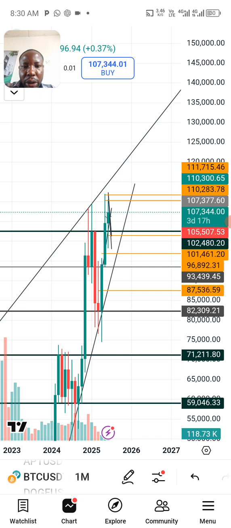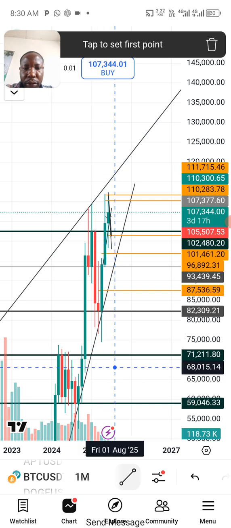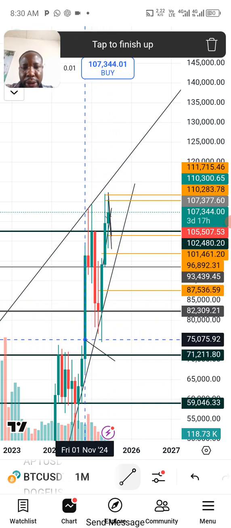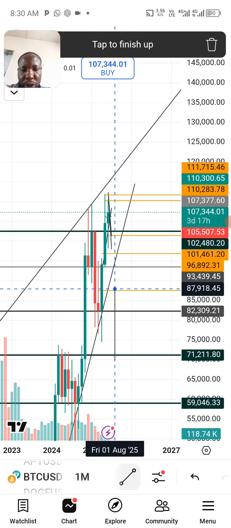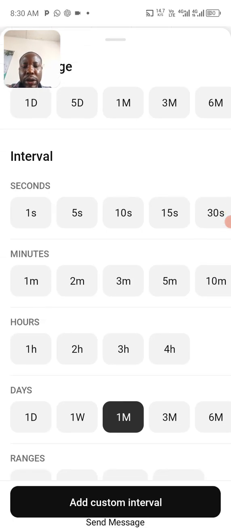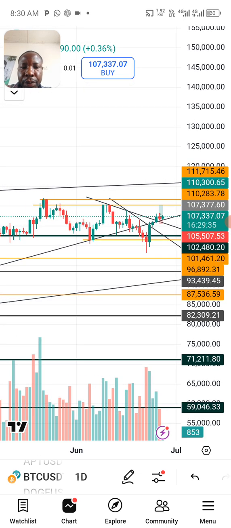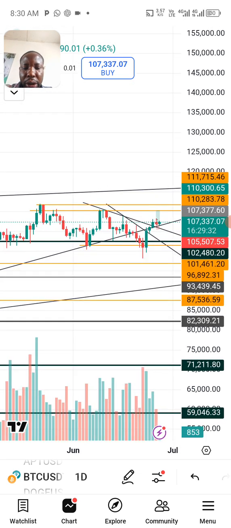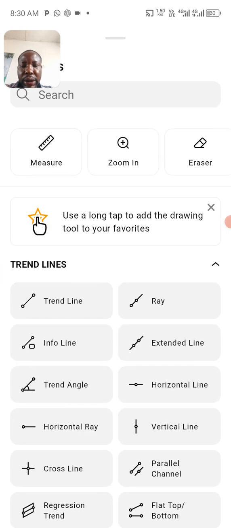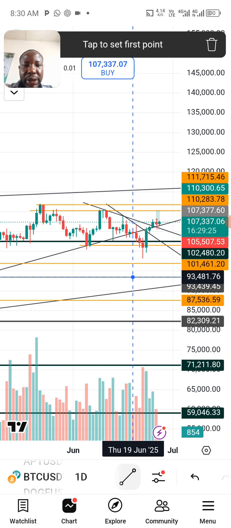From the monthly, we can see that BTC is heading to the roof, right? Now let's switch to the daily to see, is he heading to the roof, or is there any other thing we need to know? When we come to the daily, we can now see that BTC is not actually heading to the roof, but he is resting. He's on a resting zone.